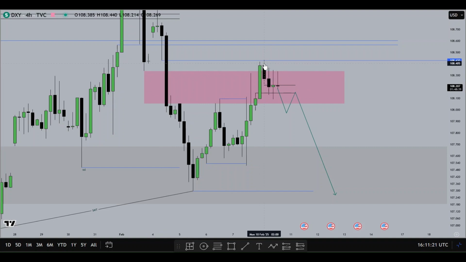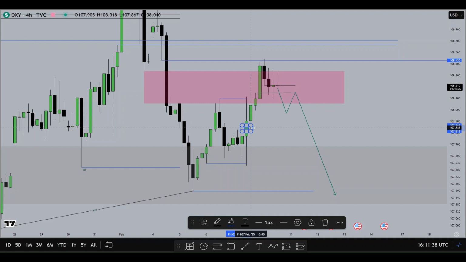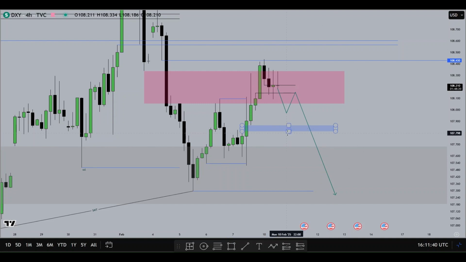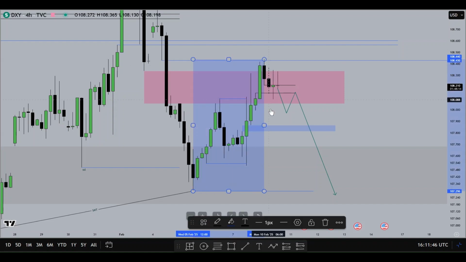See that? That's the level. Okay? And if it disrespects, that means it closes below this CB, it can signify that we can probably continue lower and see the market get into this gap.